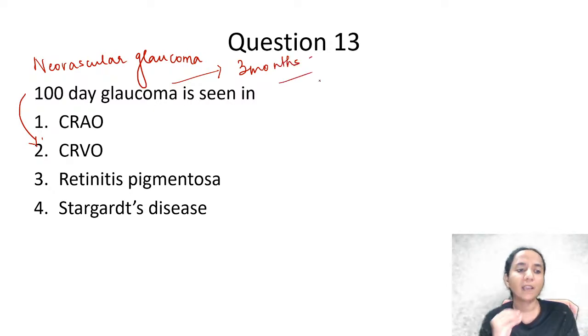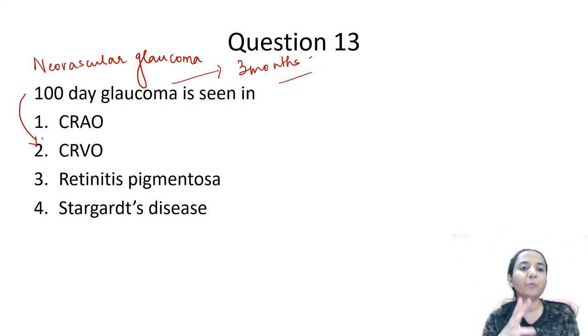So if there is a CRVO and it is left completely untreated, then over a period of 3 months, it has this potential to progress to an end stage neovascular glaucoma, and that is why it is called as 100-day glaucoma. Right, 90-day glaucoma also it is called. So it is the end stage neovascular glaucoma which happens after 3 months in a case of untreated CRVO.